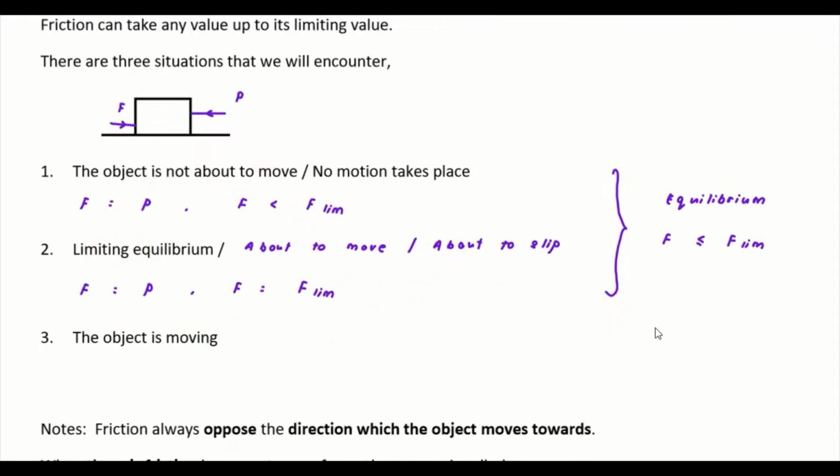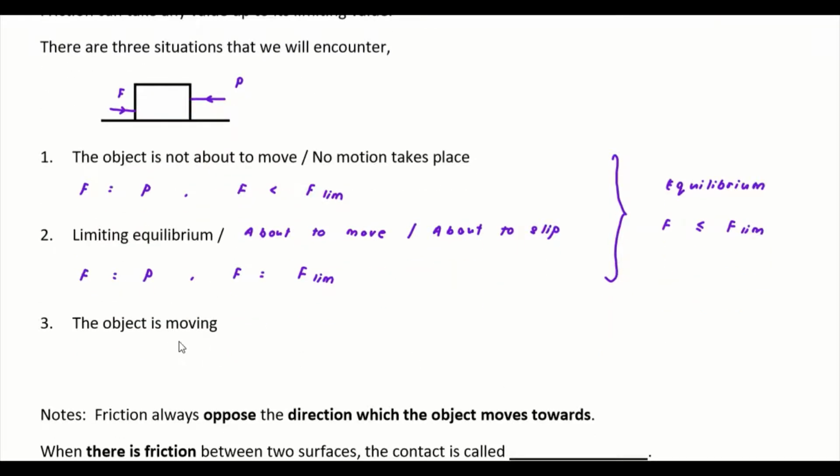Okay, so the last one is, how about if the object is moving already? If the object is moving already, we know that the push is actually greater than the friction. Am I right? Because if F and P are still the same, there's no extra force that can cause the motion.